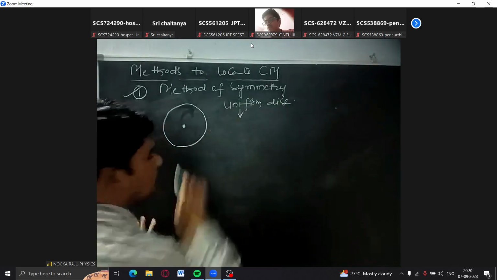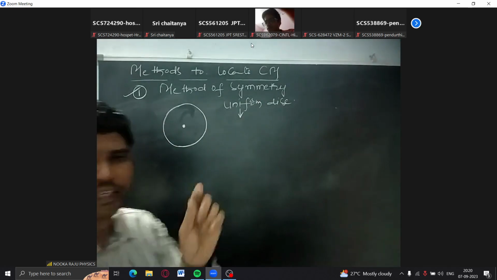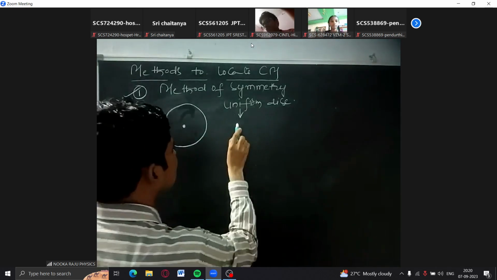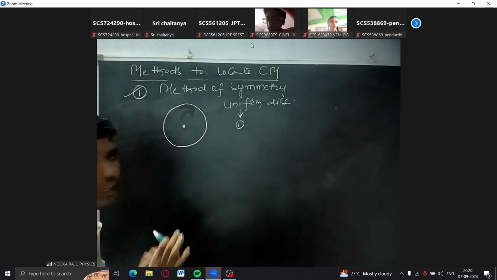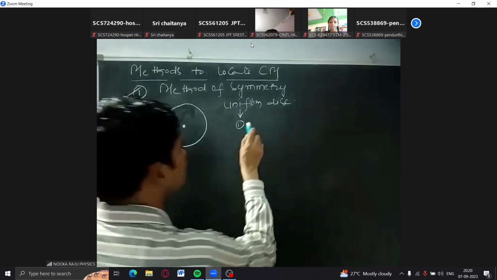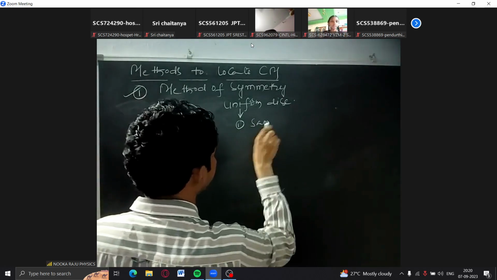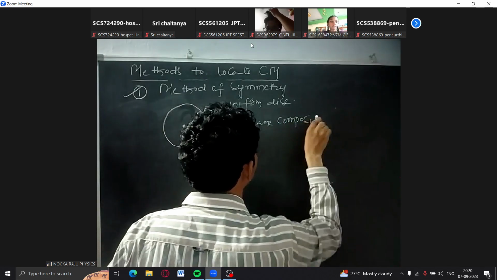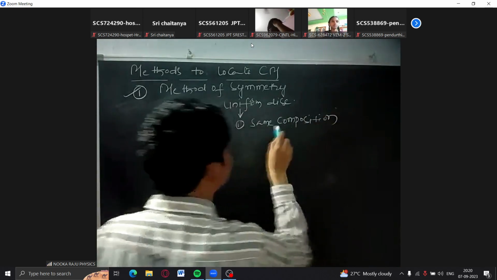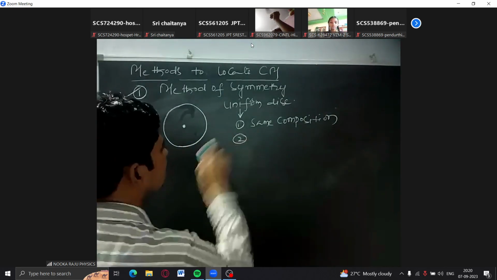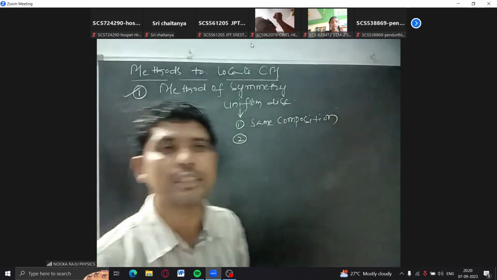Here I want to stress two points. Uniform means throughout the material the composition is the same. Otherwise, we can discuss same density also.